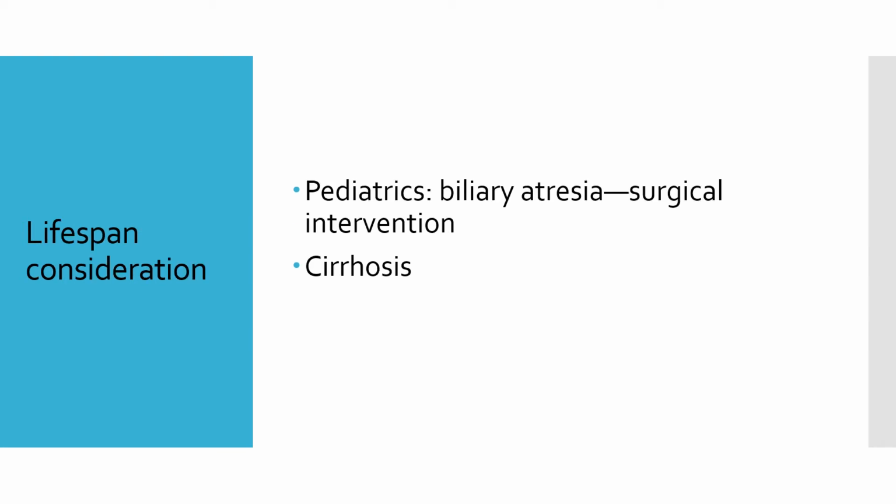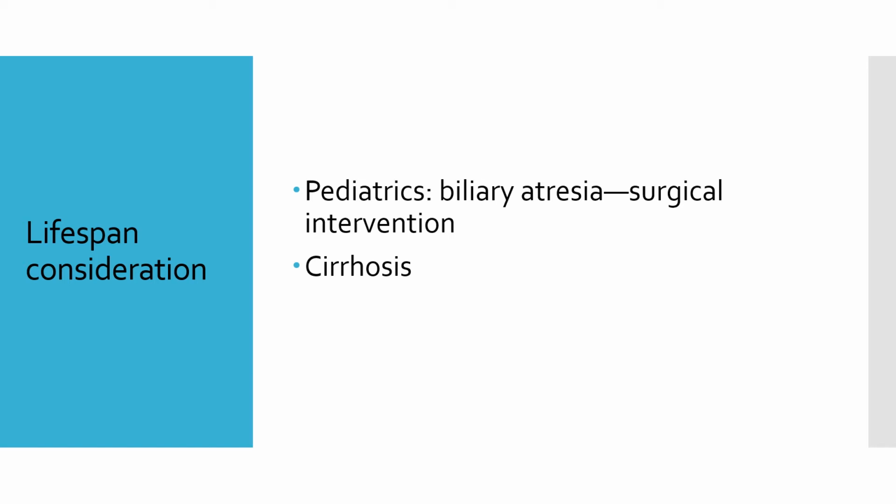Lifespan consideration. Pediatrics, one of the things is biliary atresia, one of the medical conditions, and the specific cause of biliary atresia is not known. It is believed to be caused by the absence or blockage of the extrahepatic bile ducts. This results in blocked bile flow from the liver to the duodenum, causing inflammation and fibrotic changes in the liver.